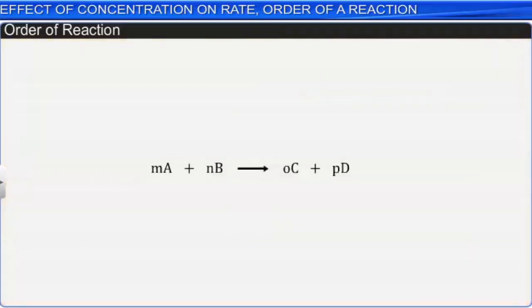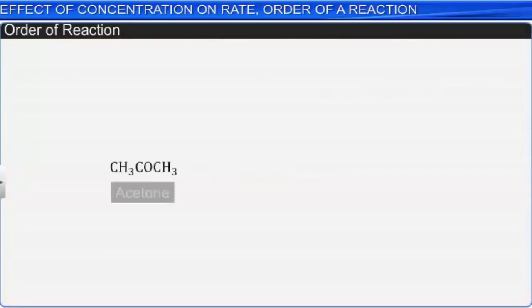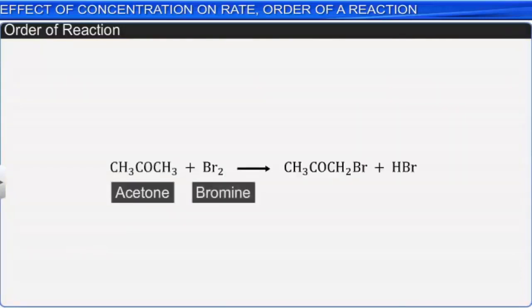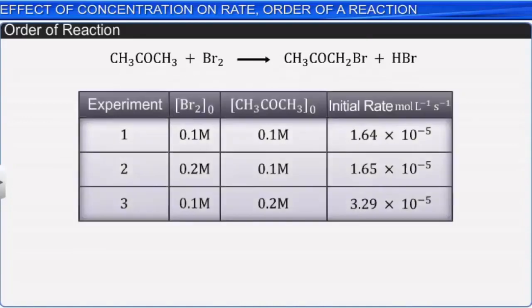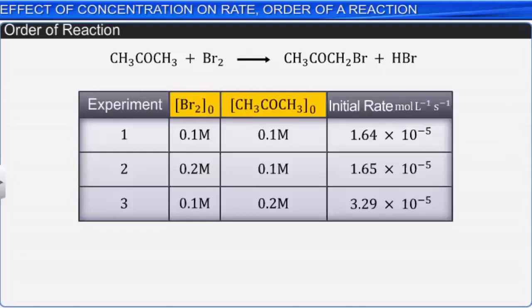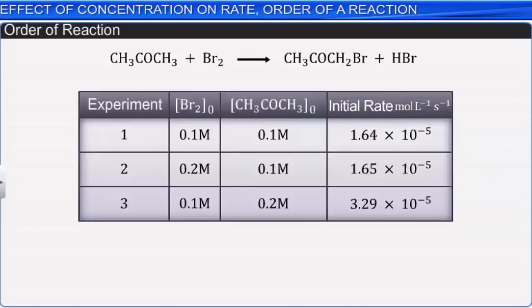Let us look at a reaction to understand this better. Consider the reaction of acetone and bromine. Using the data in the table given here, it is possible to calculate the order of the reaction with respect to both bromine and acetone. Let us see how the rate of reaction changes with a change in the concentration of either bromine or acetone.